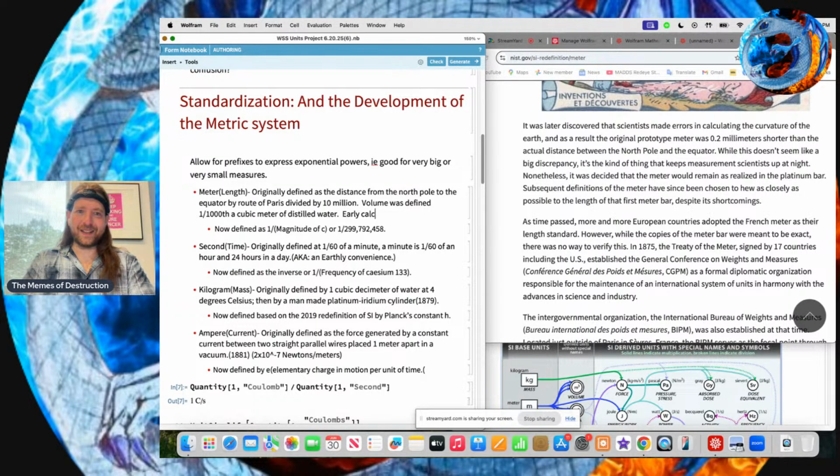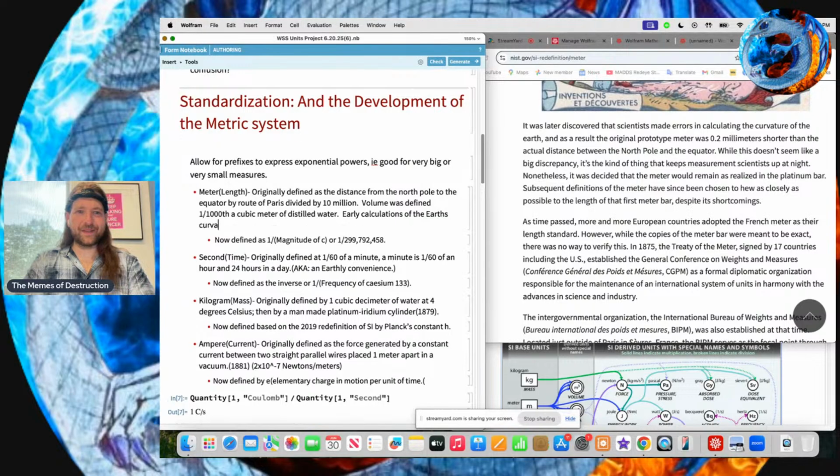Early calculations of the Earth's curvature based on these definitions were off by approximately 0.2 millimeters.